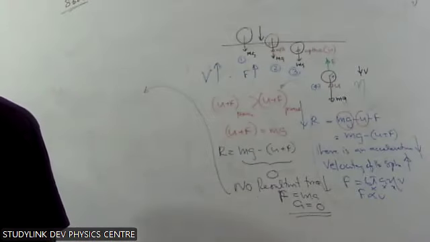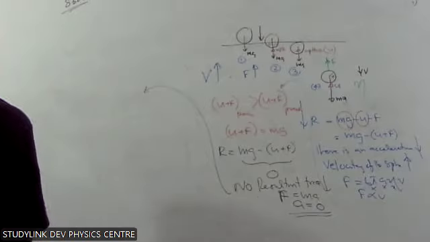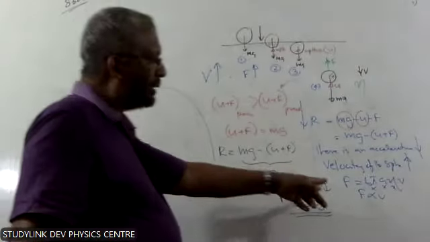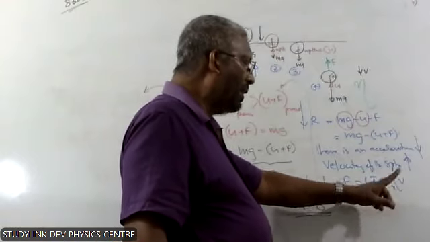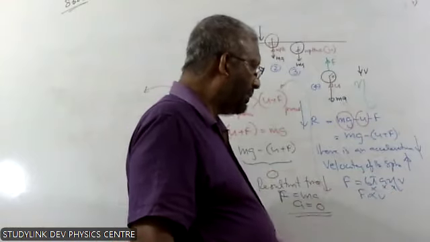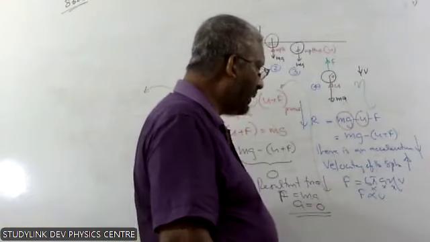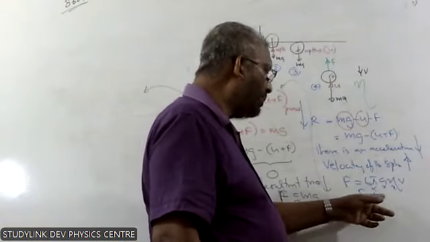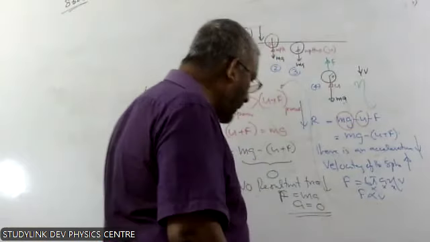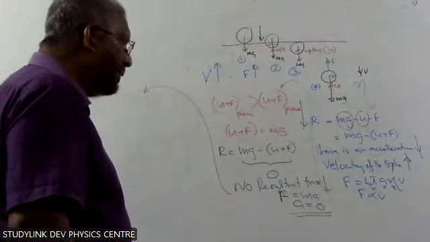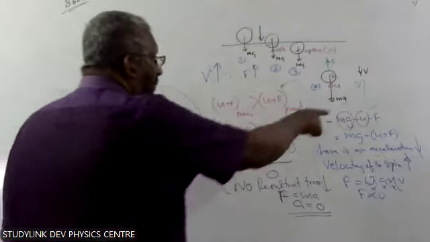In other words, 6π is a constant, the radius is a constant, and when the temperature is constant, η is a constant. But V increases. Then F is directly proportional to V, and then we get the velocity.